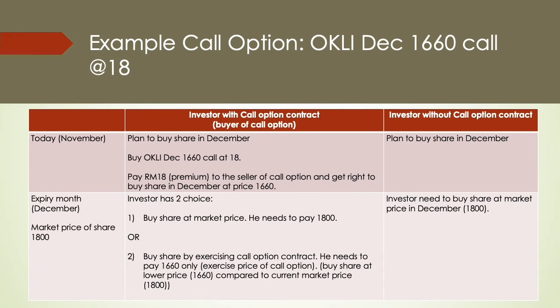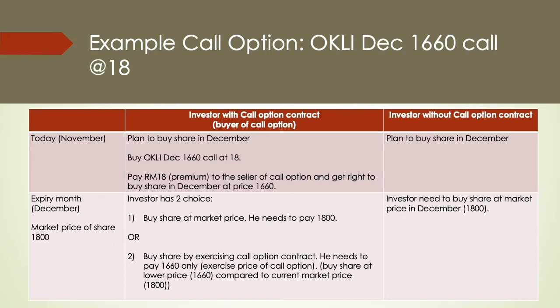He can buy share at the current market price in December, which is 1,800, or he can buy shares using his call option contract. So he can buy share at lower price, which is at the price 1660, or the exercise price of his call option.